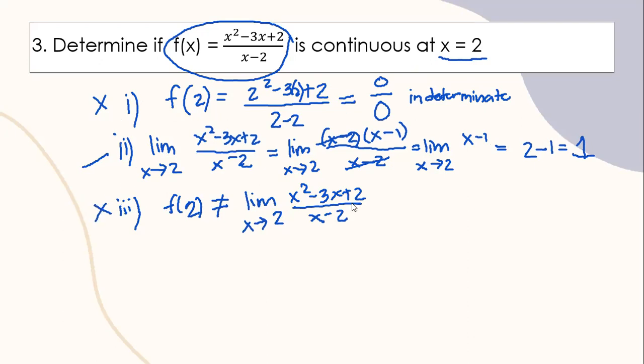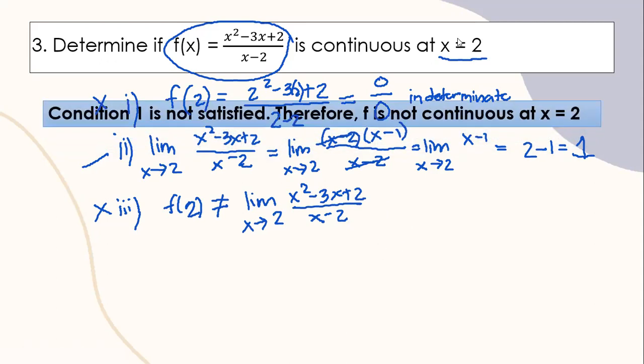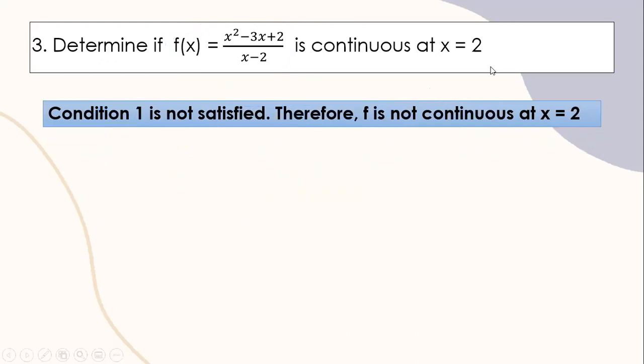So thus, we can simply say that condition 1 is not satisfied. Therefore, our function is not continuous at x is equal to 2. Okay, so that's it for the testing of the continuity of a given function without graphing the function.